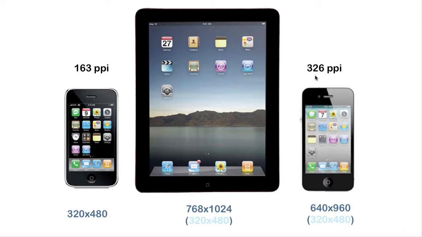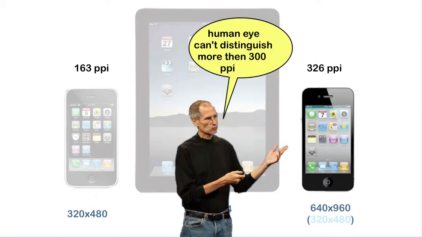And according to Steve Jobs, 300 ppi is a magic number. In fact, he says that the human eye can't distinguish more than 300 ppi. So, in theory, Retina display gives the maximal possible resolution for the human eye. And that means that we will see iPad with Retina displays soon.